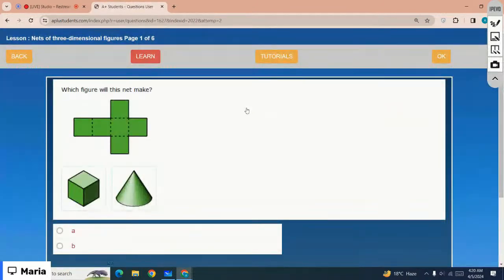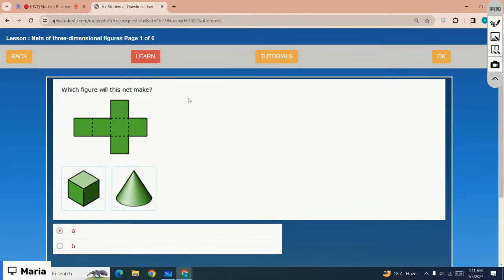Which figure will this net make? Which is the correct option, one or two? Yes, option number A is the correct option, right?